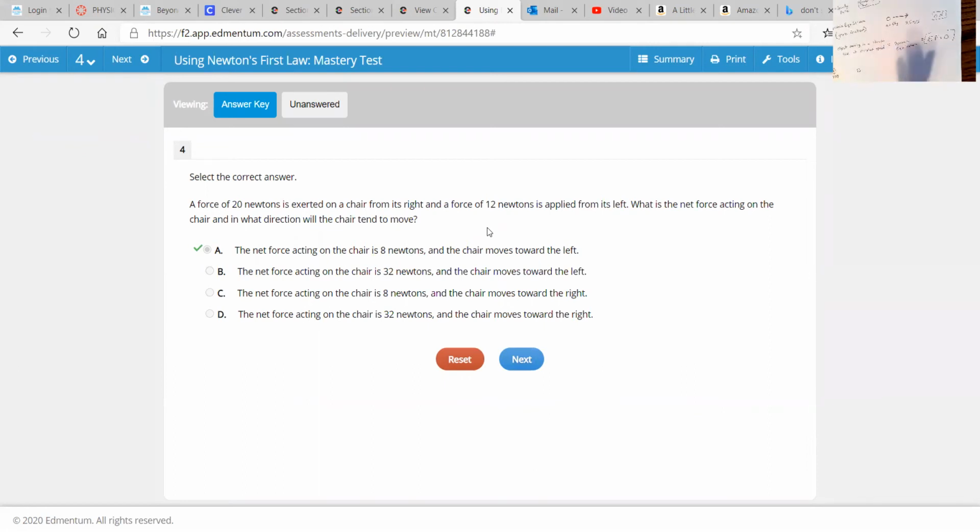And that's just mapping out the forces and in which direction they're going so you can more easily understand what's happening. So we have 20 Newton force from its right, and then 12 Newton force from the left.